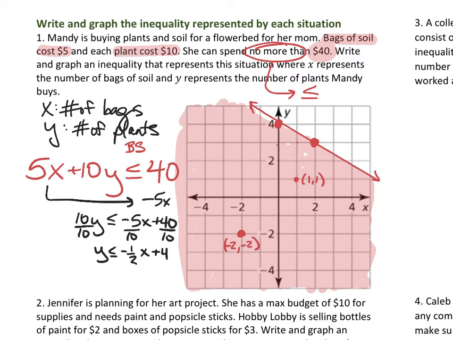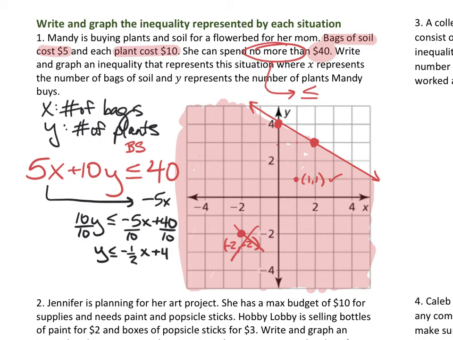Does it make any sense for Mandy to buy -2 bags of soil and -2 plants? No, that doesn't make sense. You can't buy negative things. So we would have to remember that after we have graphed it correctly, we also have to have reasonable answers. So this would not be a reasonable answer, but this one would.